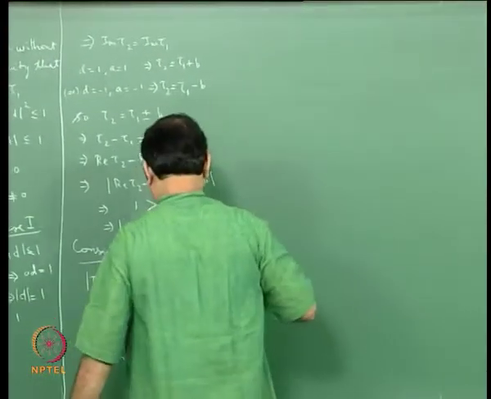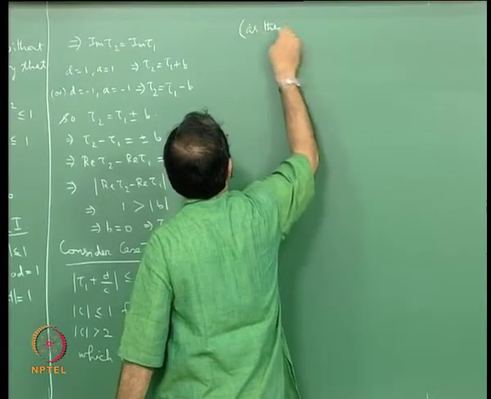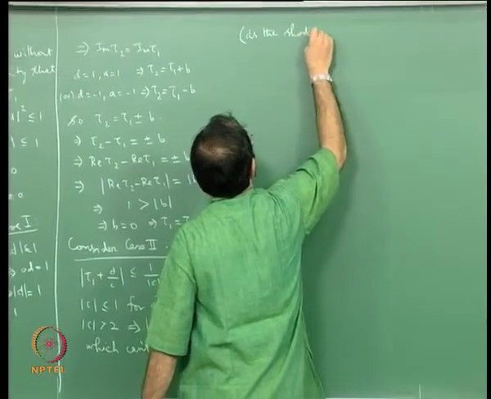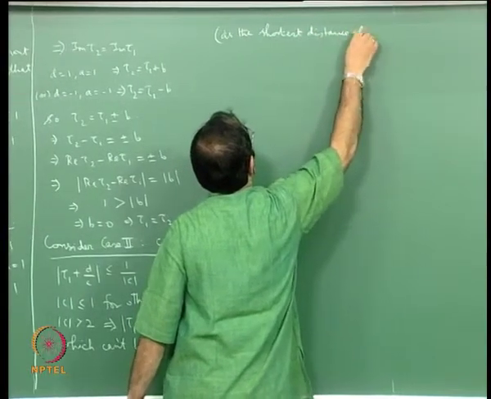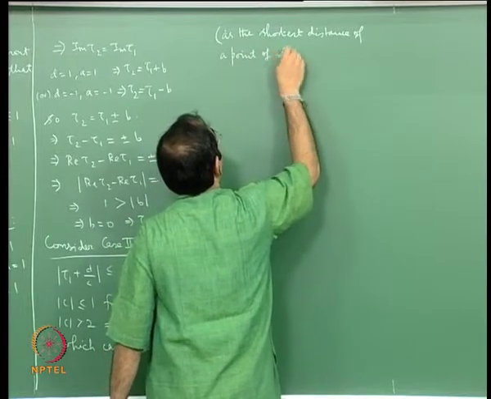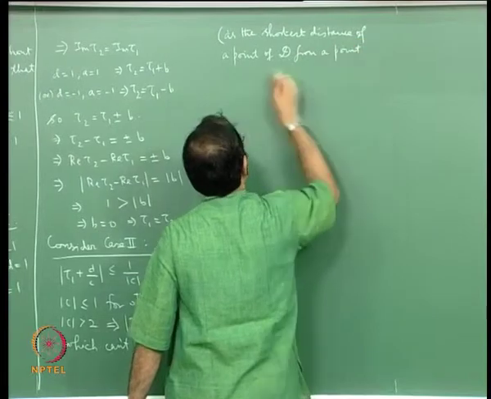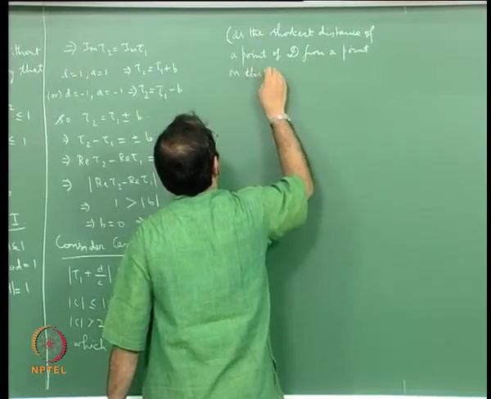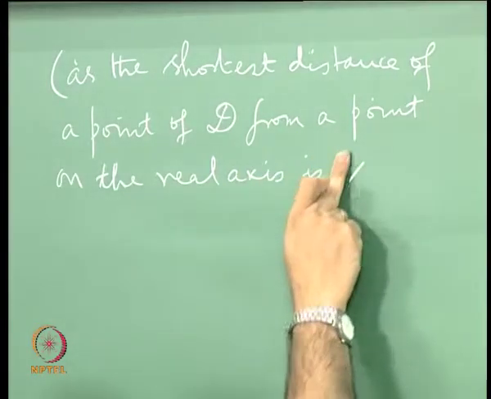so let me write it here: the shortest distance of a point of script d from a point on the real axis is root 3 by 2.